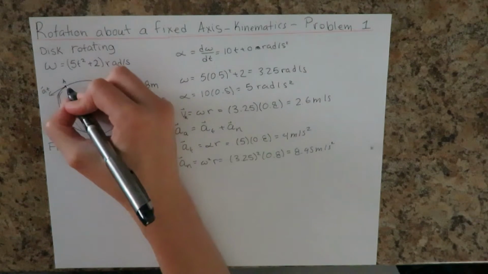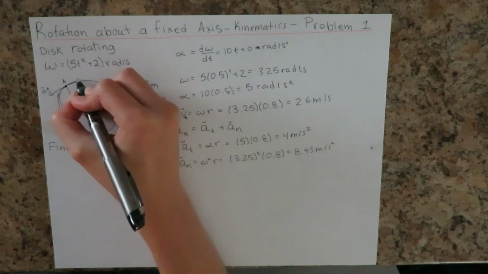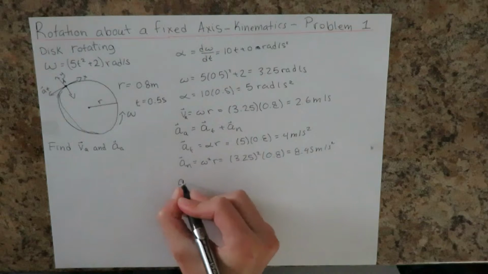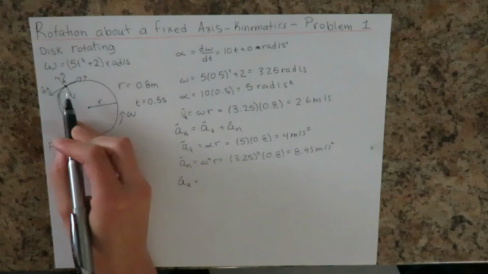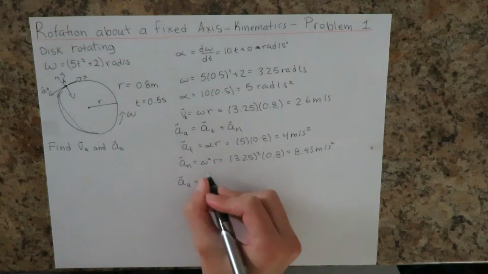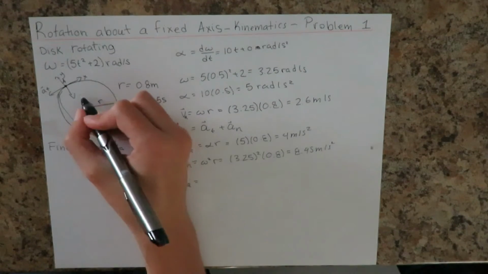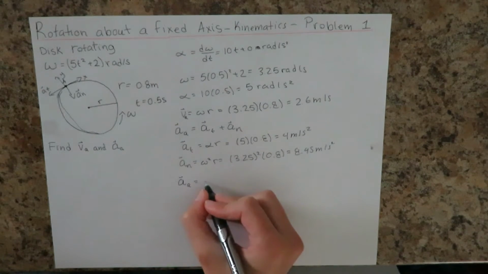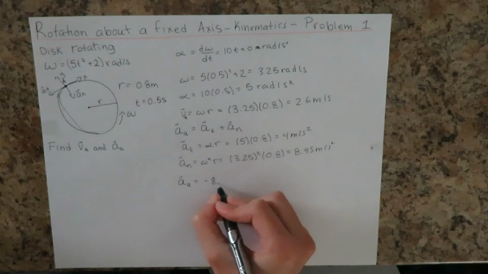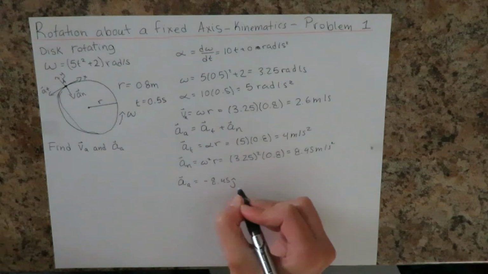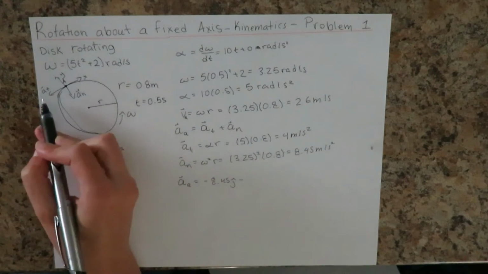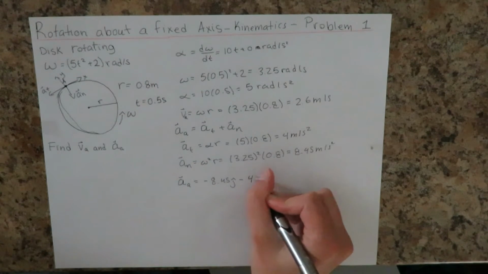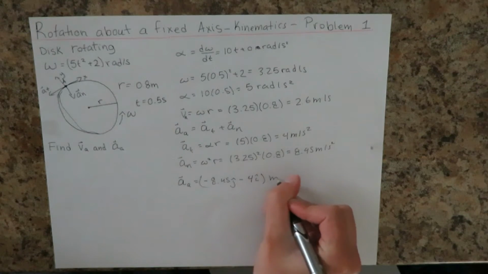So if we wanted to define an axis where, say, this was x and this was y, we could define acceleration of A as equal to, as you can see, the normal one would be negative y, so negative 8.45 j hat, and the tangential would be negative x, so negative 4 i hat, and these would all be in meters per second squared.